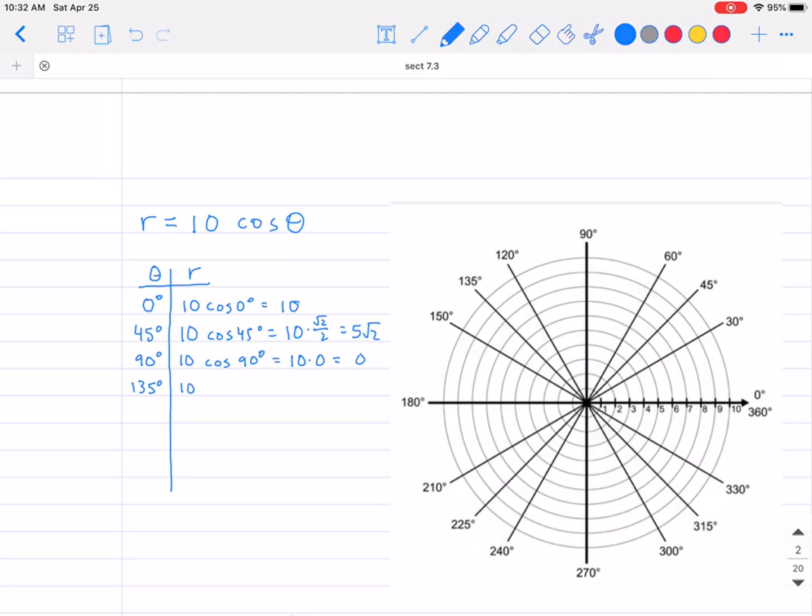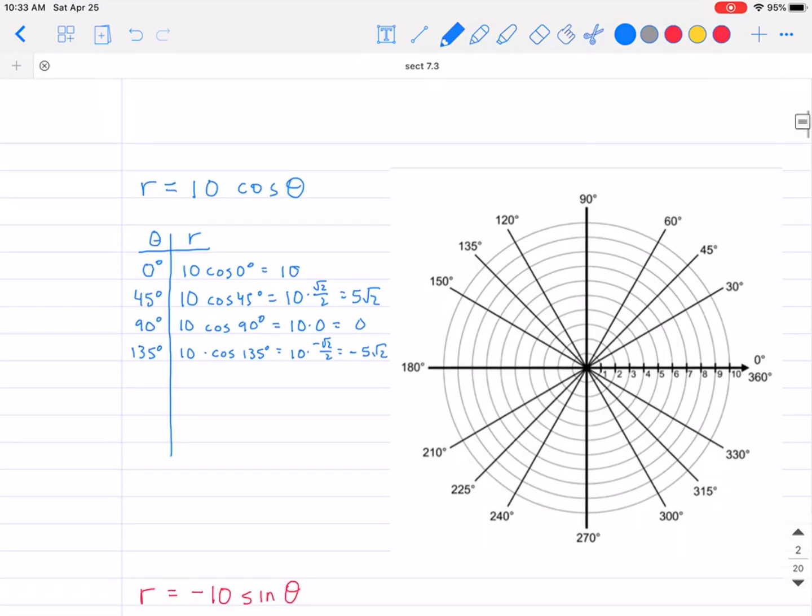Okay, so that's equal to 0. How about this time 135 degrees? 10 multiplied by the cosine of 135 will give you 10 multiplied by negative root 2 over 2, so that gives you negative 5 root 2. You'll notice that I'm not trying every single value that I know on the unit circle because I want to minimize how much work I do.